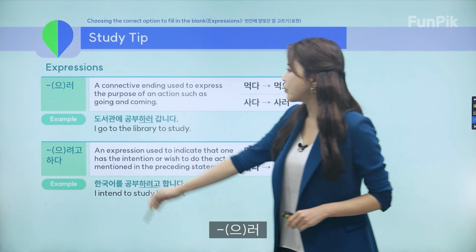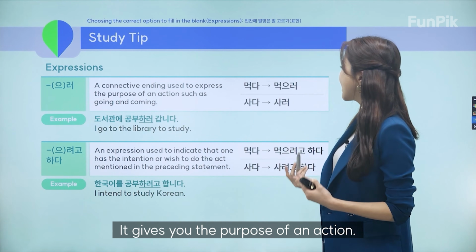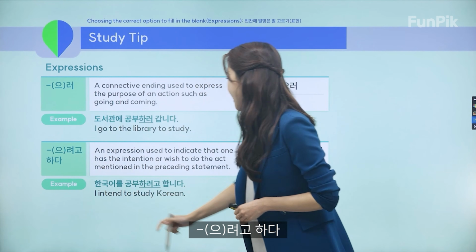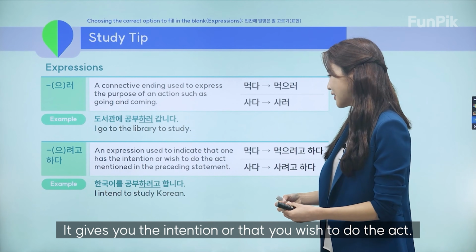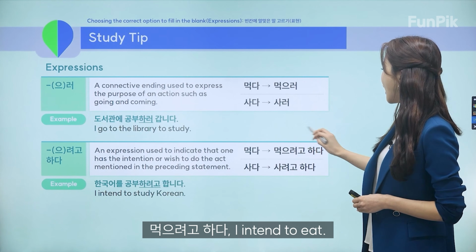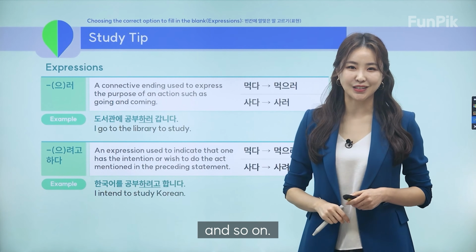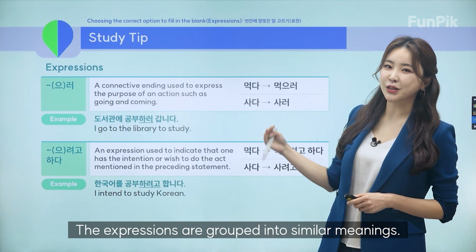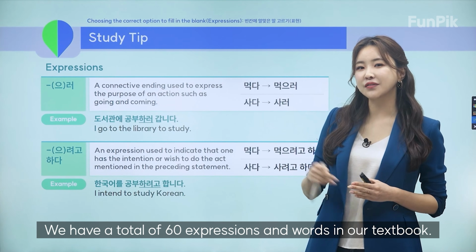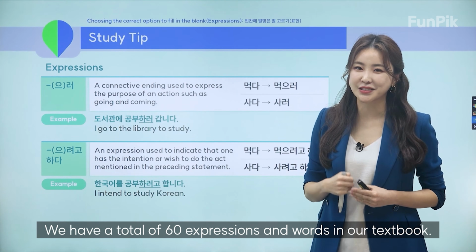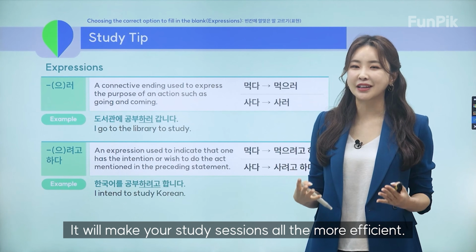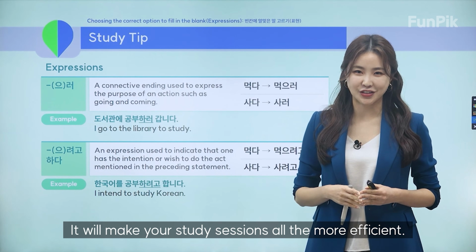For example, -(으)러, it gives you the purpose of an action. -(으)려고 하다 gives you the intention, that you wish to do the act. 먹으러, to eat. 먹으려고 하다, I intend to eat, and so on. The expressions are grouped into similar meanings, and we have a total of 60 expressions and words in our textbook. So remember to pick up a coffee and go through the list yourself. It will make your study sessions all the more efficient.